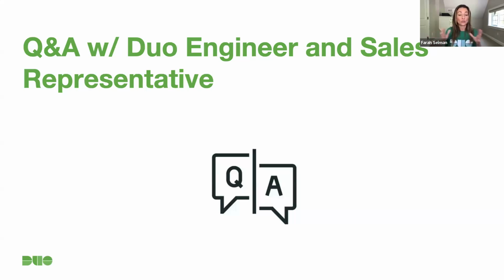We will start opening things up for questions. So let's hop into that. I'll stop sharing my screen and we'll take a look at the chat window. All right, bear with me.